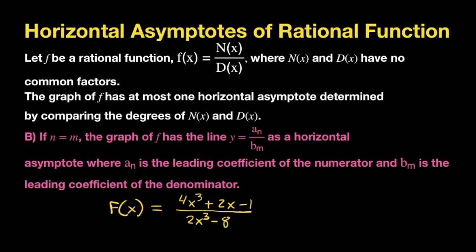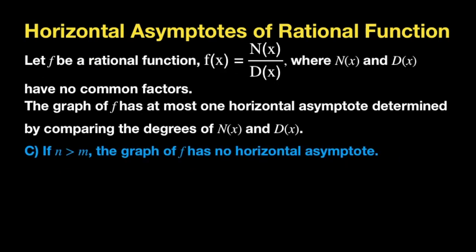The only thing that we're going to do is get the leading coefficient from the numerator, which is 4, and divide it by the denominator, which is 2. So that means that our line needs to be at y is equal to 2.